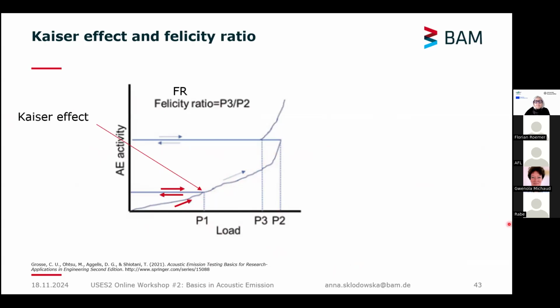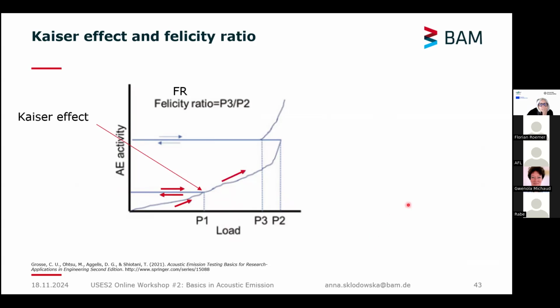This is the so-called Kaiser effect, and it can be practically explained by the fact that the damage associated with the stress level P1 has occurred during the initial loading, and therefore there is no extra damage. Consequently, there is no new acoustic emission in the reloading phase. In simple words, the material is quiet until it's pushed harder than it was before.